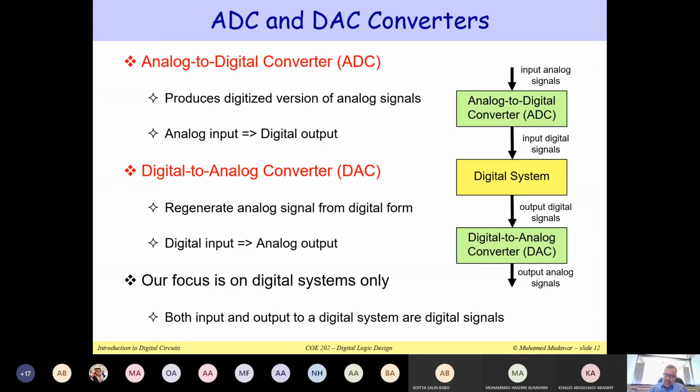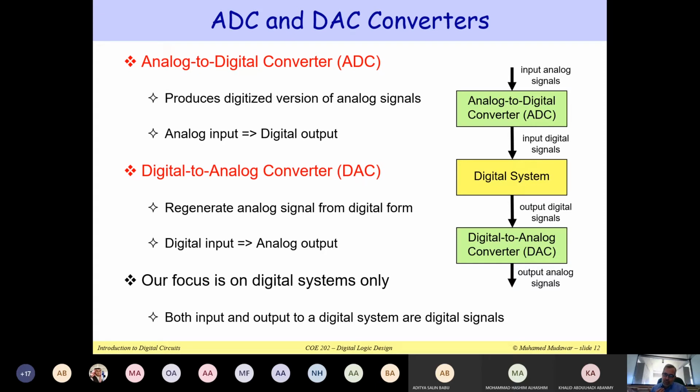You can see here on top I have the analog to digital converter. Think about sound here as my input. The microphone is acting as an analog to digital converter, so it's taking the sound and converting it into a digital signal and storing this sound. You can store this sound as digits, so you can have a sound file and store it as digits inside your computer system.